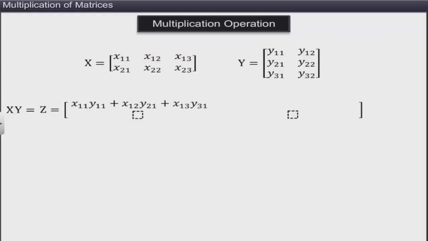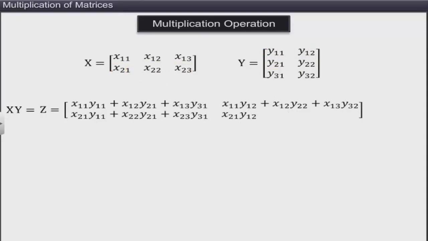Then, we multiply the elements in the first row of X to the elements in the second column of Y. We will write the sum of the products of the elements as shown. In similar manner, we multiply the elements in the other rows and columns. Finally, we get the matrix as shown.